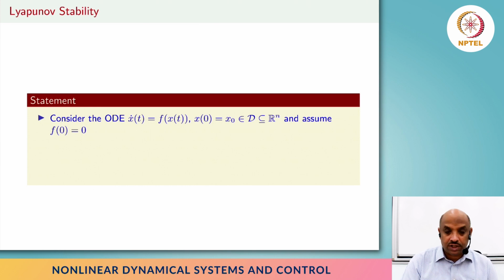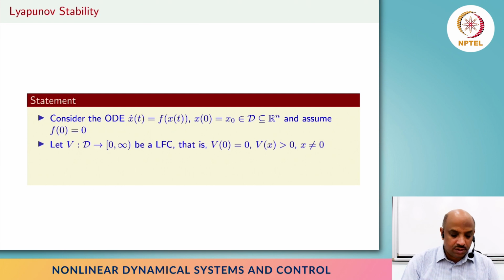And then obviously we're going to say something if we have a Lyapunov function, right? So again, consider this ODE x dot equals f of x, where f of 0 is 0. That means 0 is an equilibrium point. And let V be a Lyapunov function candidate, and we know what that means. V of 0 is 0, and V of x is positive for all non-zero x, right?